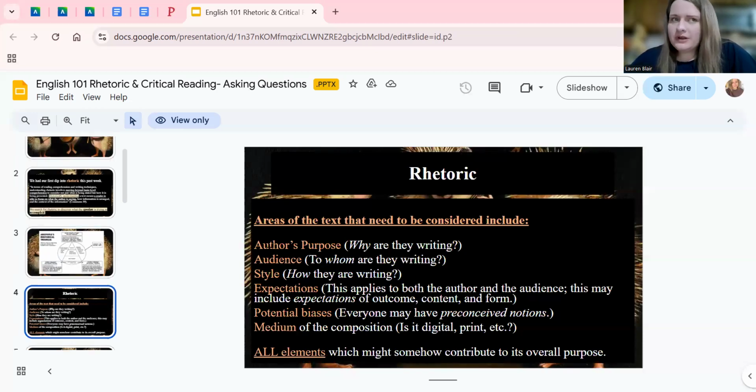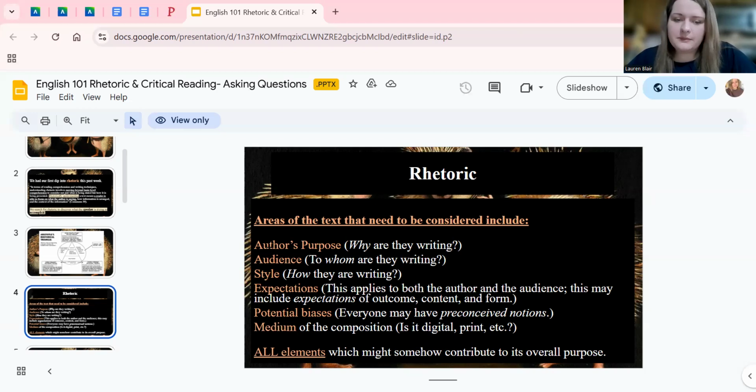When we are going to examine a text, we need to look at the author's purpose or why they're writing, the audience or whom they're writing to, the style or how they're writing, the expectations in regards to both the author and audience, expectation of outcome, content, form, potential biases, because everyone has preconceived notions and biases that until we understand that they're there, we aren't even aware that we have.